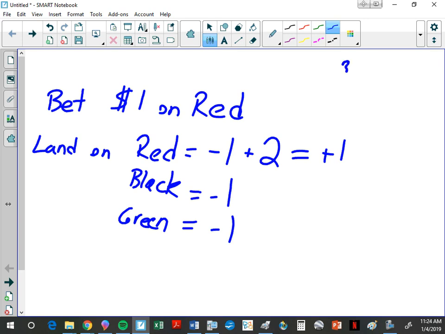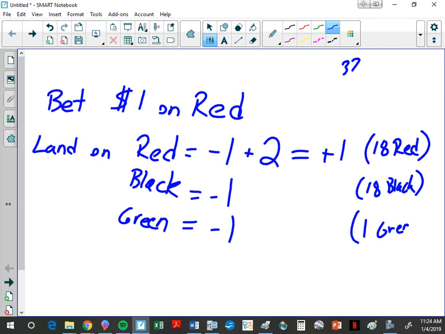One of them is green, which means there are 18 reds, 18 blacks, and 1 green. Now in American roulette there are 2 greens, a 0 and a double 0, because hey, our casinos want more money than European casinos do.